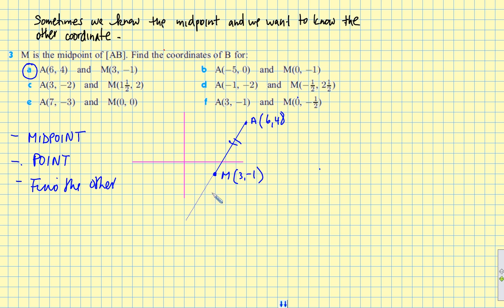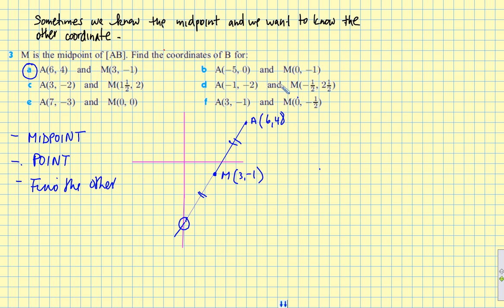This has to be equal to that. So if I extend the line just a little bit more, I can have a pretty good idea of where the point is going to be, but it doesn't tell me for sure what the point is going to be.